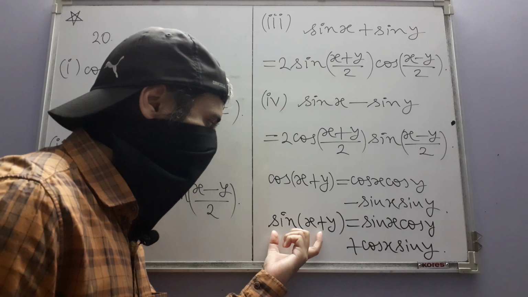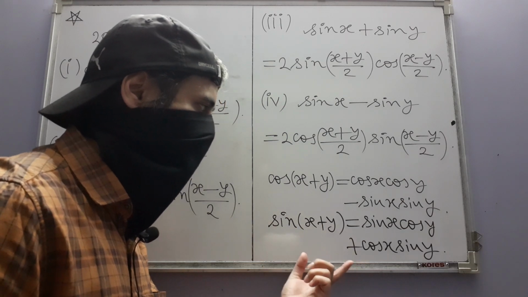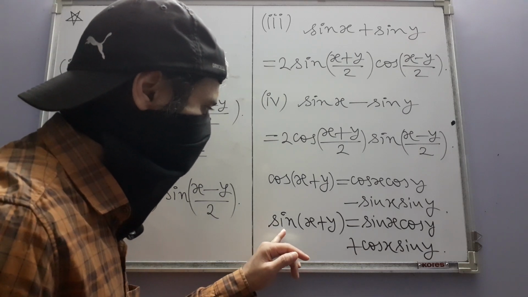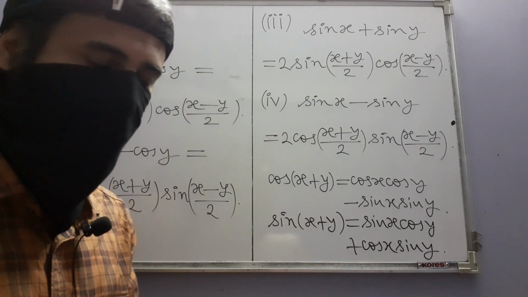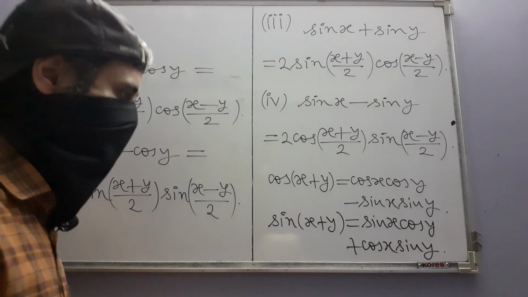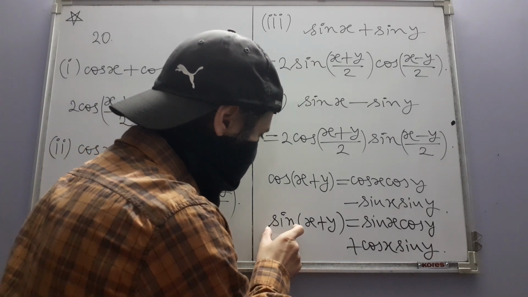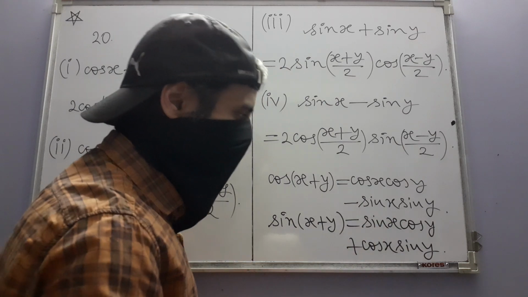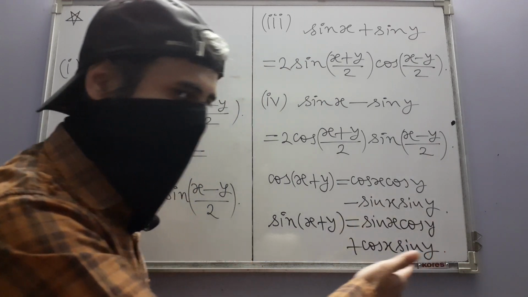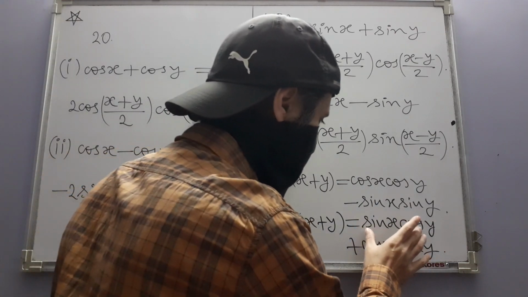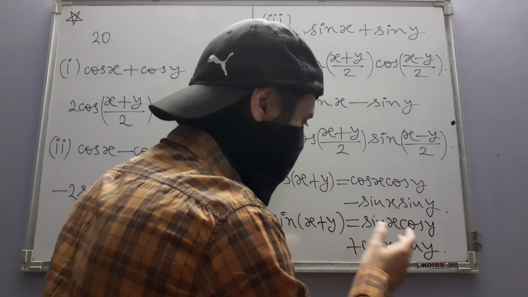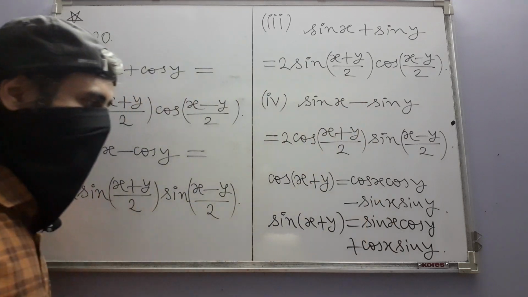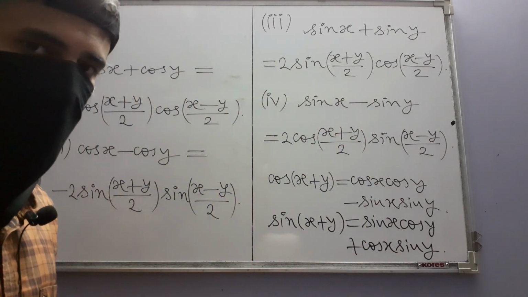Usually when we write the expansion of sin x plus y, we write sin x cos y plus cos x sin y. Why? That may also be decided by saying that because it is sin, so sin gets the first preference. So we start with sin x, but then cos has to come because cross terms are there. So mixed terms are there in this expansion. So after sin x, you have cos y. And then the next one naturally is cos x sin y.